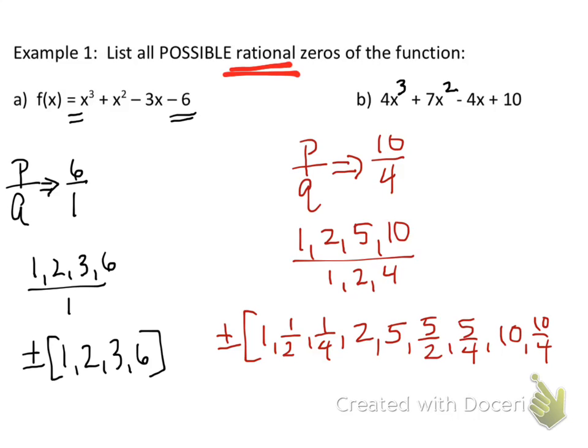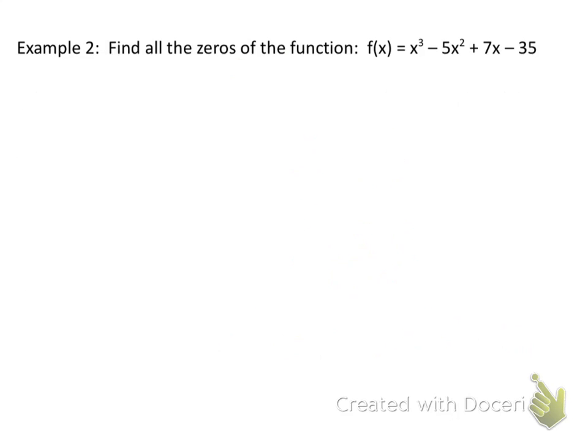And 10 over 4 would simplify to 5/2. So these would be the possible rational zeros. It's not necessarily going to cross. It won't cross at all of those, but it also won't cross at 3 or 4. That's not in our list of possible rational zeros.